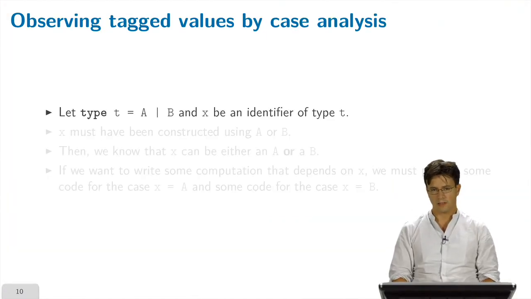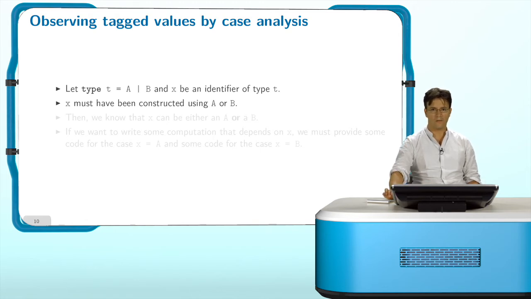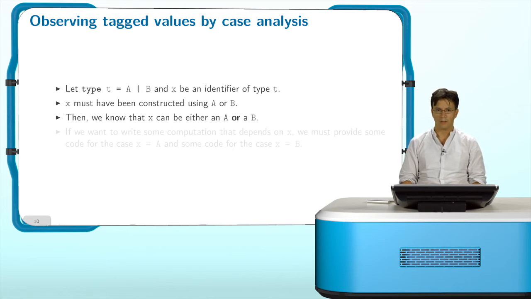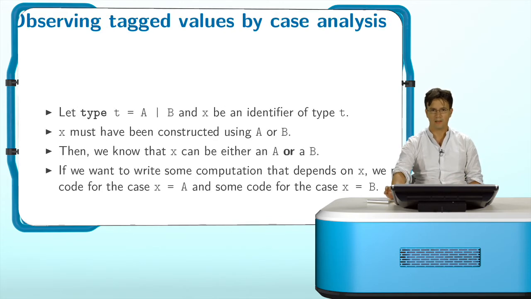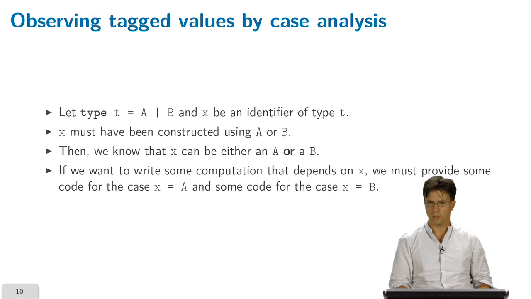What you know is that if this variable has type t, it means that when it has been created, the programmer must have used one of the two constructors, A and B. This is a constraint, but in exchange for this constraint, you get a very strong property: the fact that x can be either an A or a B. So you can write your computation based on that fact, which means that if you want to write some computation that depends on x, then you must provide a case for x is equal to A and a case for x is equal to B. And after that, you know that you have a computation that will be able to respond to any value, any observation of a value of type t.